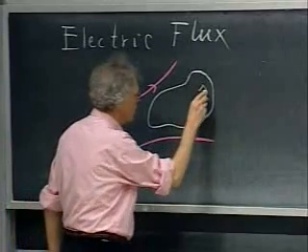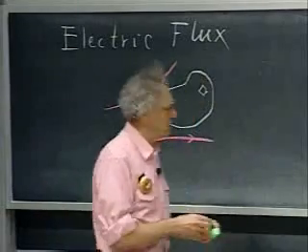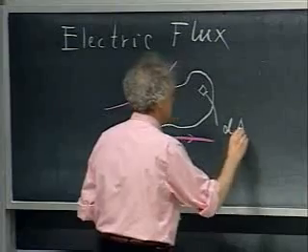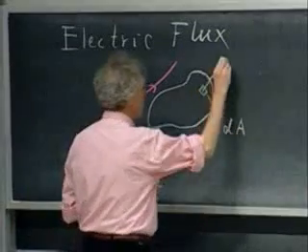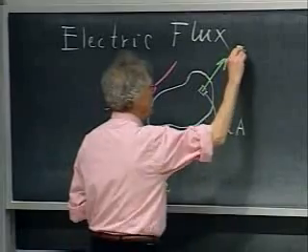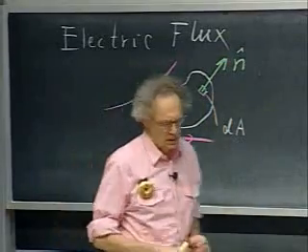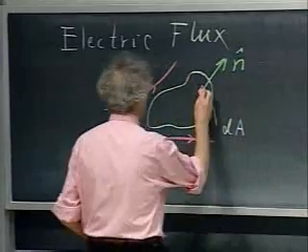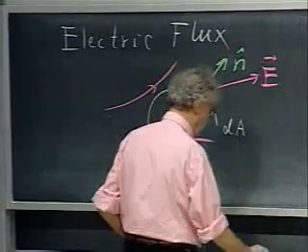And I carve this surface up in very small surface elements, each with size dA, that's the area, teeny weeny little area, and let this be the normal n-hat, the normal on that surface. So now the local electric field, say at that location, would be, for instance, this. That's a vector.